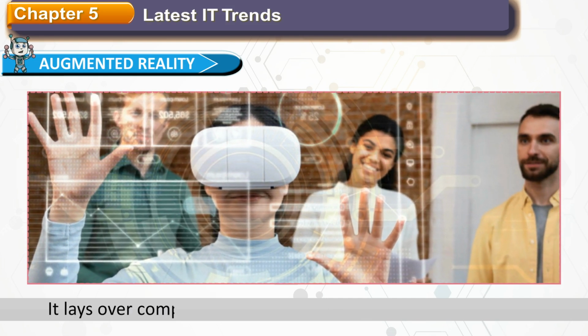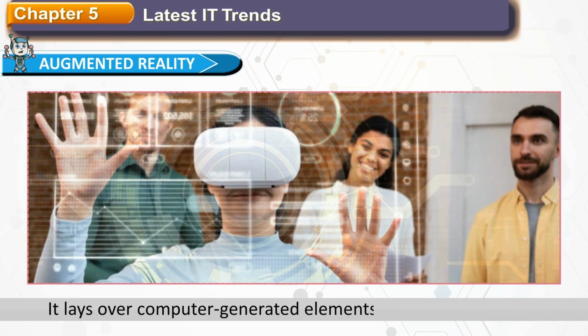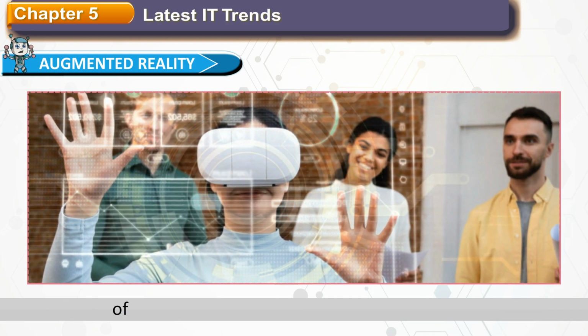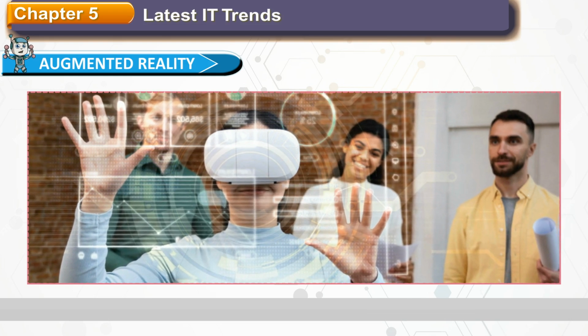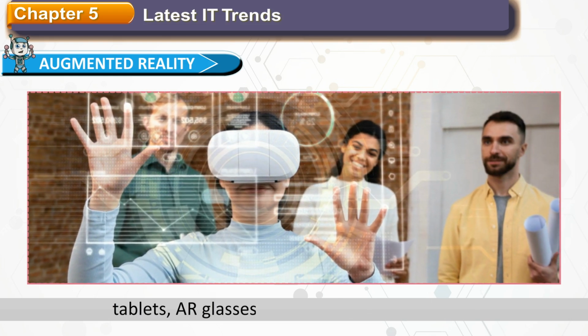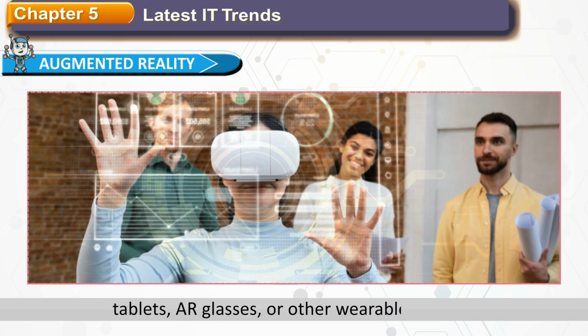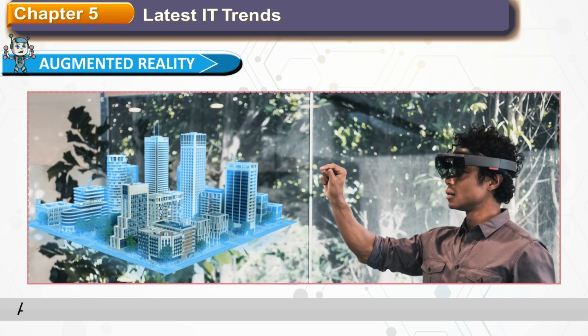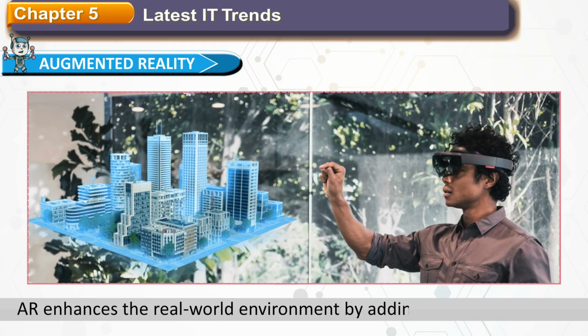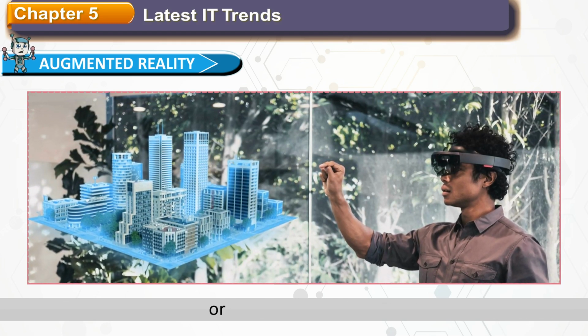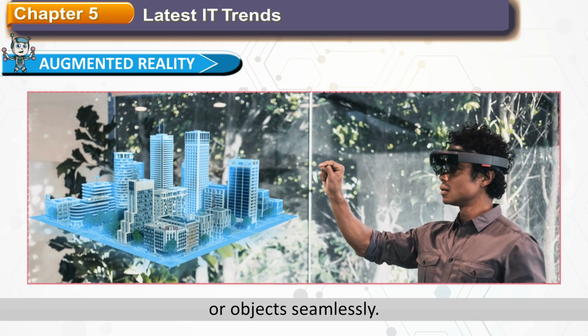It lays over computer-generated elements onto the user's view of the real world, typically using smartphones, tablets, AR glasses, or other wearable devices. AR enhances the real-world environment by adding digital information or objects seamlessly.